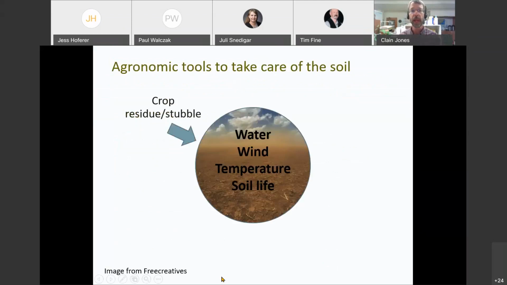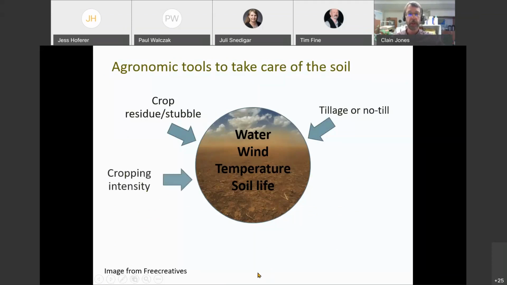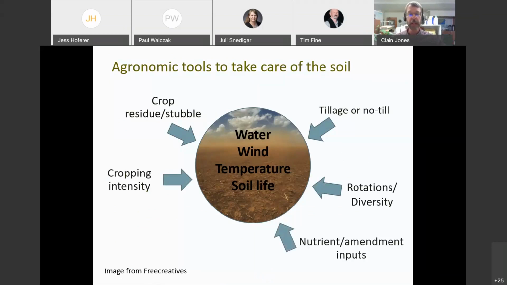So there's a number of agronomic tools that we can use to help the soil. And those include things like crop residue, leaving more stubble, tillage versus no tillage, where generally no-till improves soil health more than tillage, cropping intensity, rotations and diversity, adding nutrients or adding amendments.